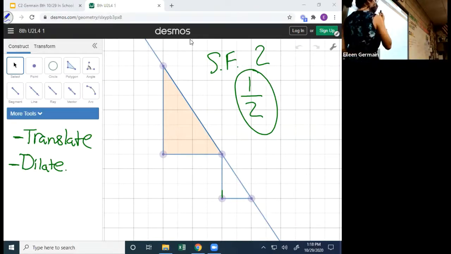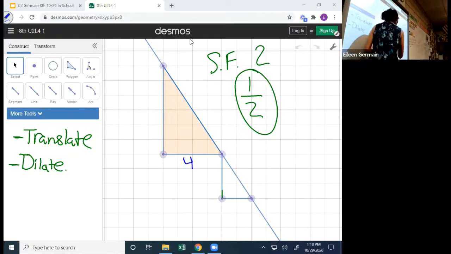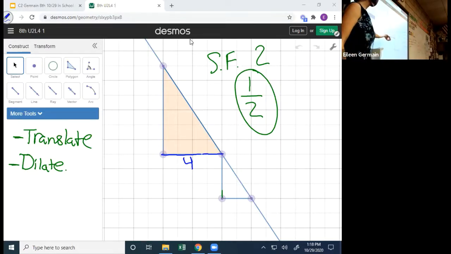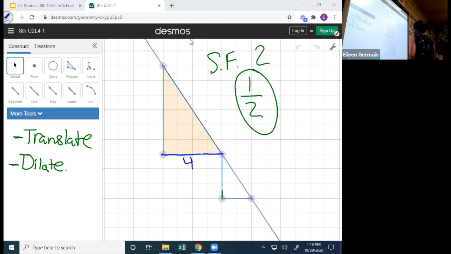How many? 4 boxes. 1, 2, 3, 4. And then how long is the corresponding or matching one on the new one? On the image. It is 2 long.